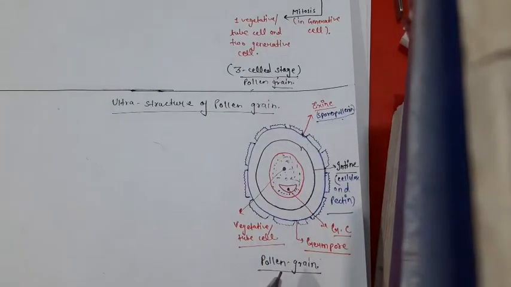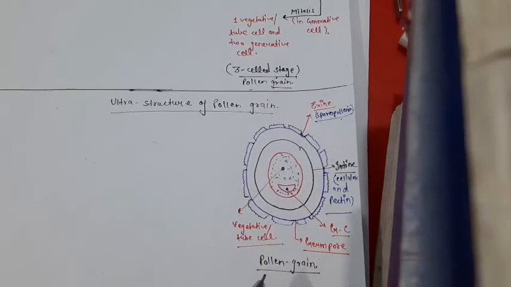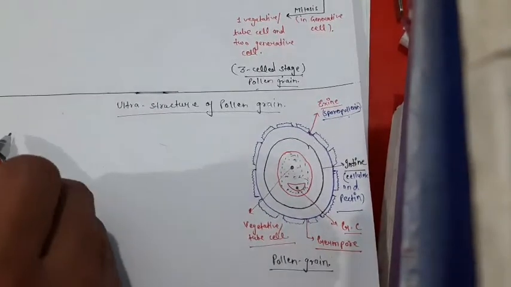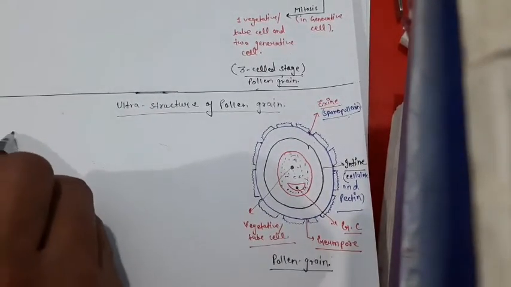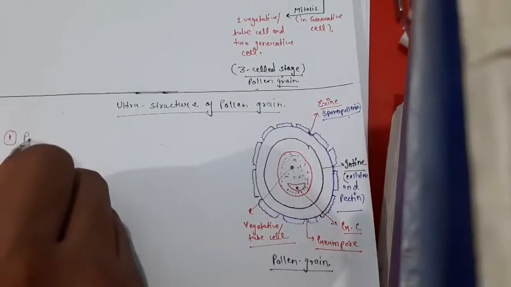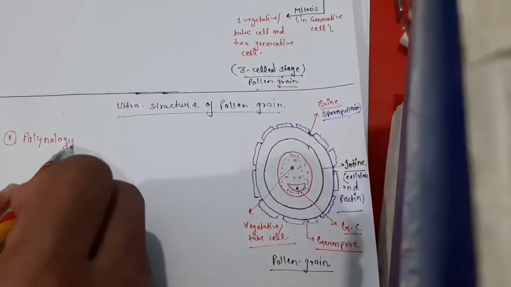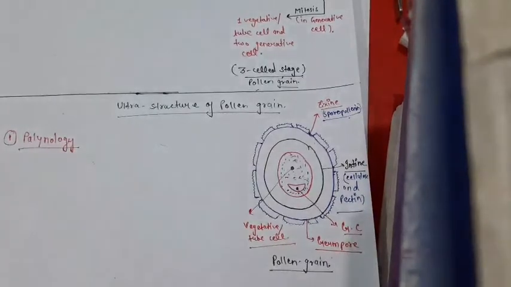This pollen grain is called the male gametophyte of the plant. Now we will discuss some important terms. Your first term is palynology. So what is palynology?